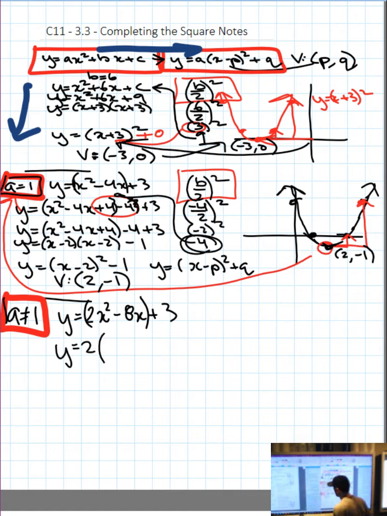Now, you might have to factor out something else, like a half, or a negative, and go back to grade 10 and fully understand how to remove a greatest common factor. But either way, whatever the coefficient of x squared is, we have to take that out. So 2 times what is 2x squared? x squared. 2 times what is negative 8x? Well, it's going to be negative 4x.